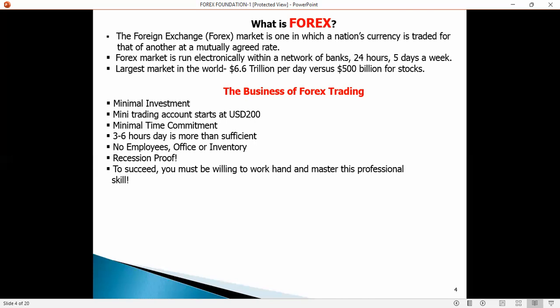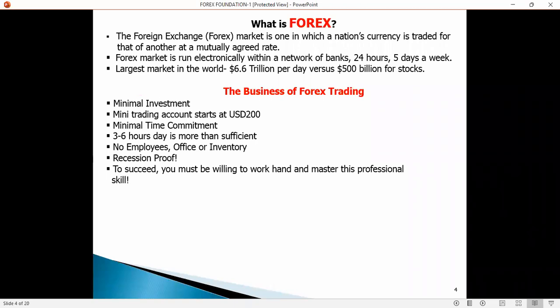Why is that? Because the foreign exchange market is recession proof. During this period, I tell you the market was even booming more than when it was stable. It was even better than 2019, because during that period, a lot of people wanted to make money. People were coming into the space.